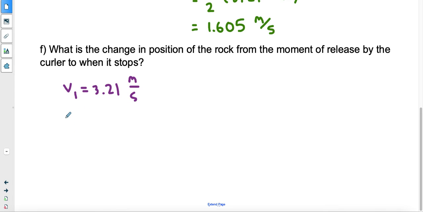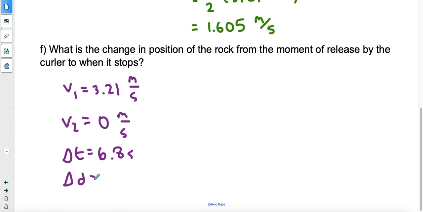We know the final velocity when it stops is going to be 0 meters per second. We know the time is 6.8 seconds. And we're trying to find the change in position, the distance the rock travels.